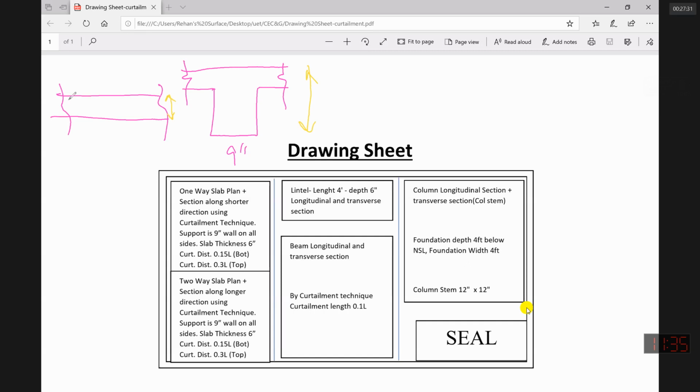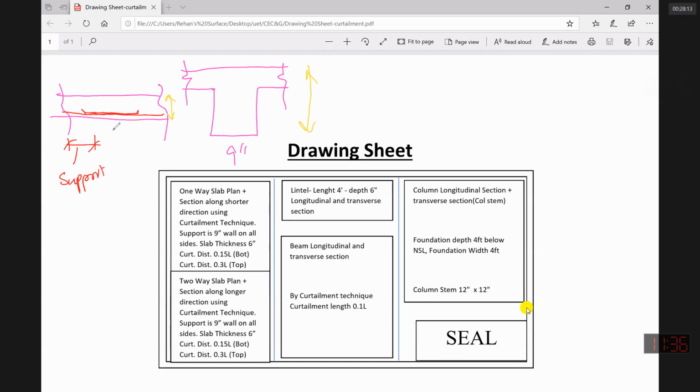Now, slabs have reinforcement like this, that they have more reinforcement in the center, in the positive layer, and lesser reinforcement in the support region. If I say that this is the support region, so in the support region, there are lesser number of positive bars.